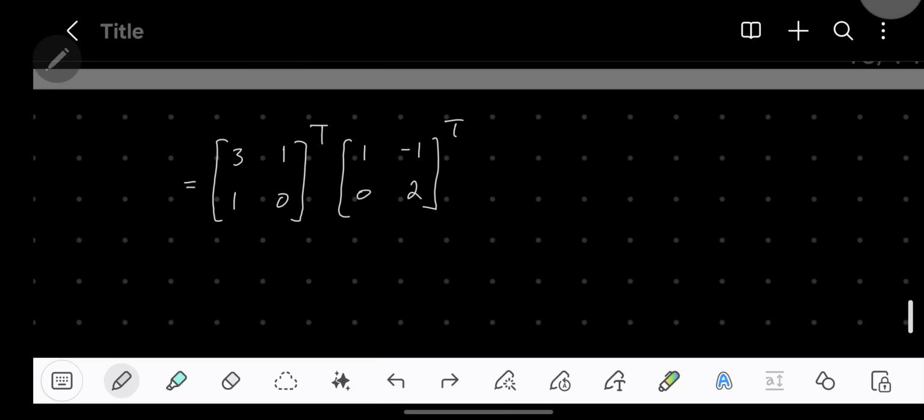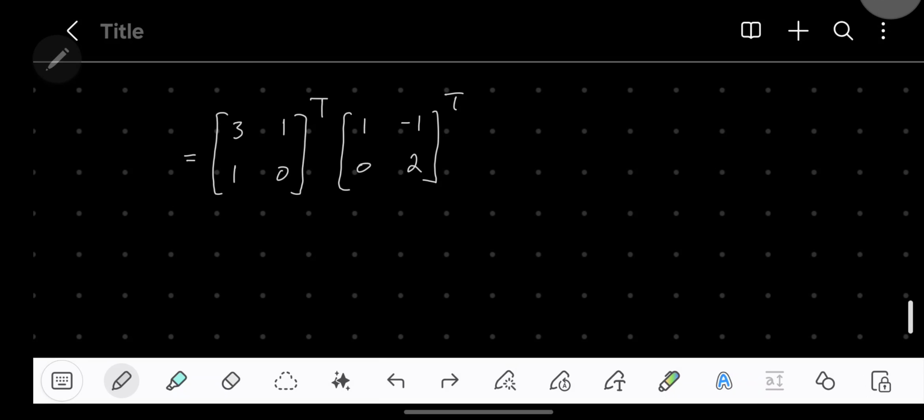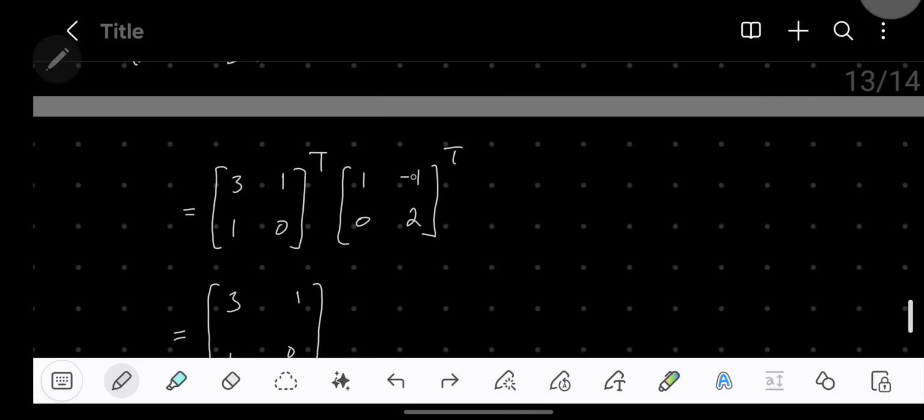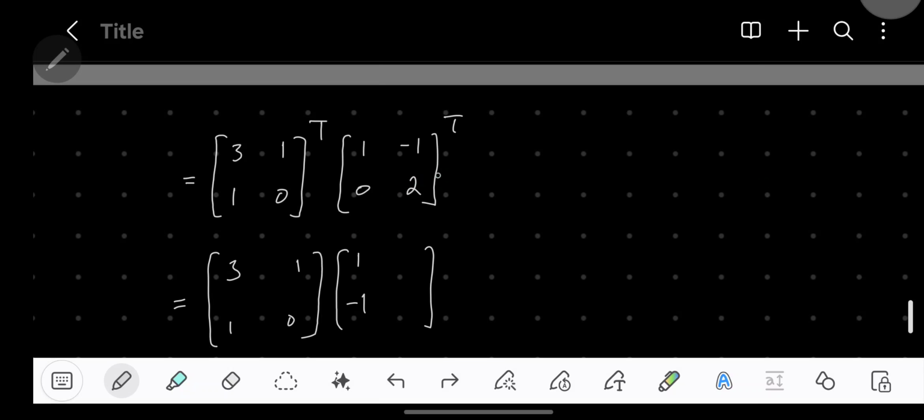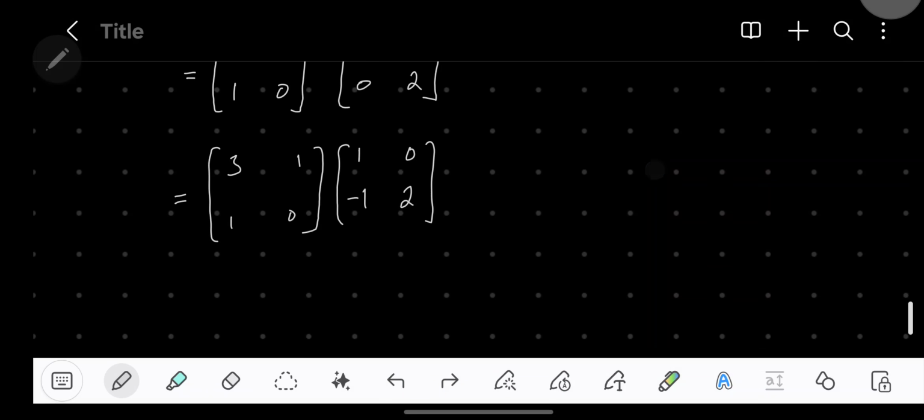First I will apply this transpose on this matrix, and then this transpose on this matrix. If I apply the transpose on the first matrix, this row will become a column, and this row will be converted into the second column. Similarly, I will apply the transpose on the second matrix. I will convert this row into the column and convert this row into the second column.